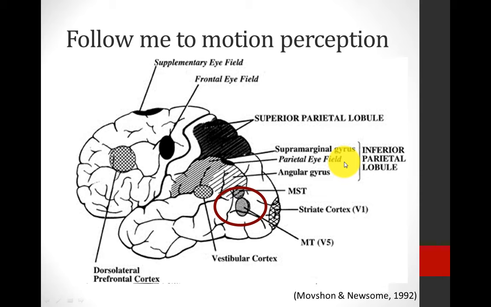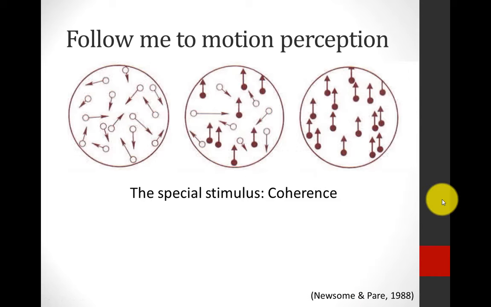Now, enter the work of Bill Newsom. You're going to see the citations down at the bottom here. They designed a special stimulus that capitalized on this idea of coherence. This was a really neat method. The idea is they've got these dot stimuli that they either move together not at all, or on a scale of low coherence to high coherence, some of them move together, and at the highest level of coherence, they're all moving in the same direction.